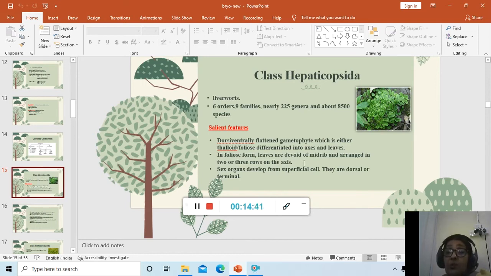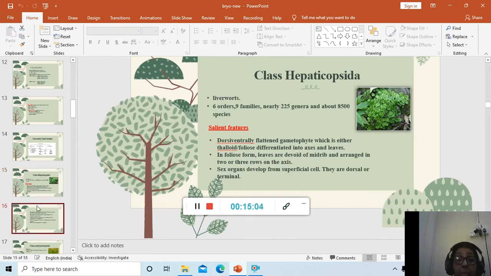In foliose forms, leaves are devoid of midrib and are arranged in 2 or 3 rows on the axis. The sex organs develop from superficial cells and are dorsal or terminal in position. These are the important features of Hepaticopsida.